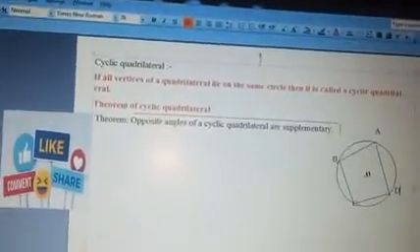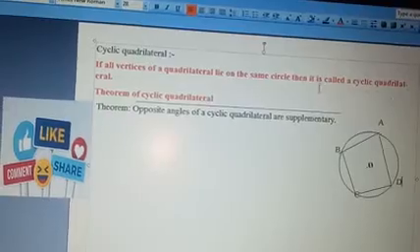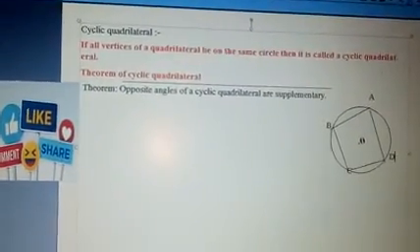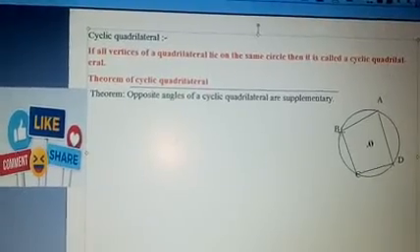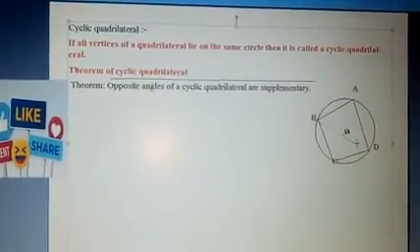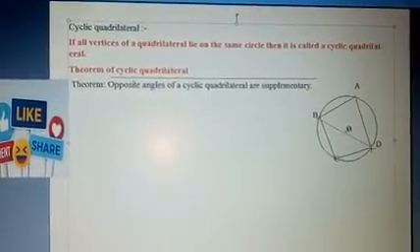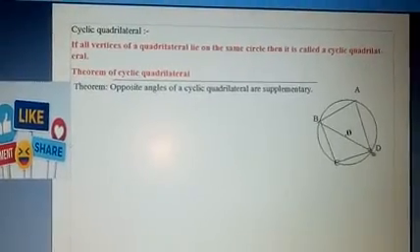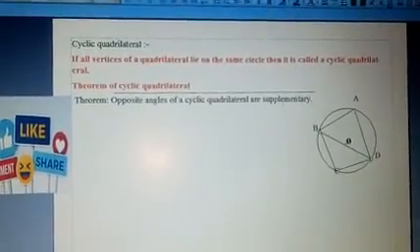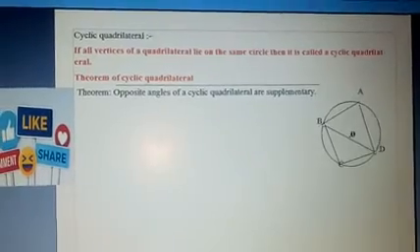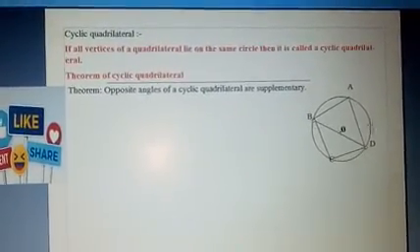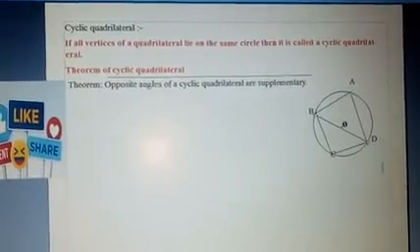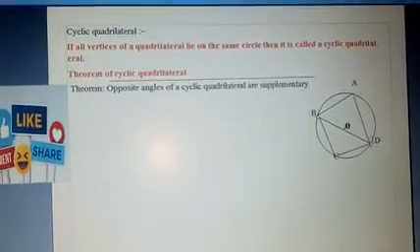First of all, if we join the line BD, then see, by the segment BD there are two angles inscribed from this arc, BAD and BCD.